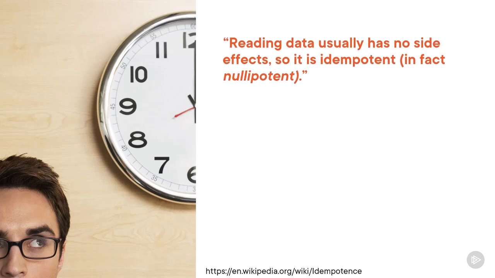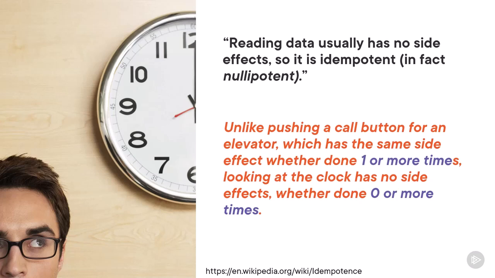Reading data typically has no side effects at all, so queries should typically be idempotent. In fact, queries are a special case of idempotent called nullipotent, because they should have the same impact on the system, that is, no impact at all, whether they are made 0 times, 1 time, or many times. Unlike pushing a call button for an elevator, which has the same effect whether you do it 1 or more times, looking at the clock has no side effects whether you do it 0 or more times.